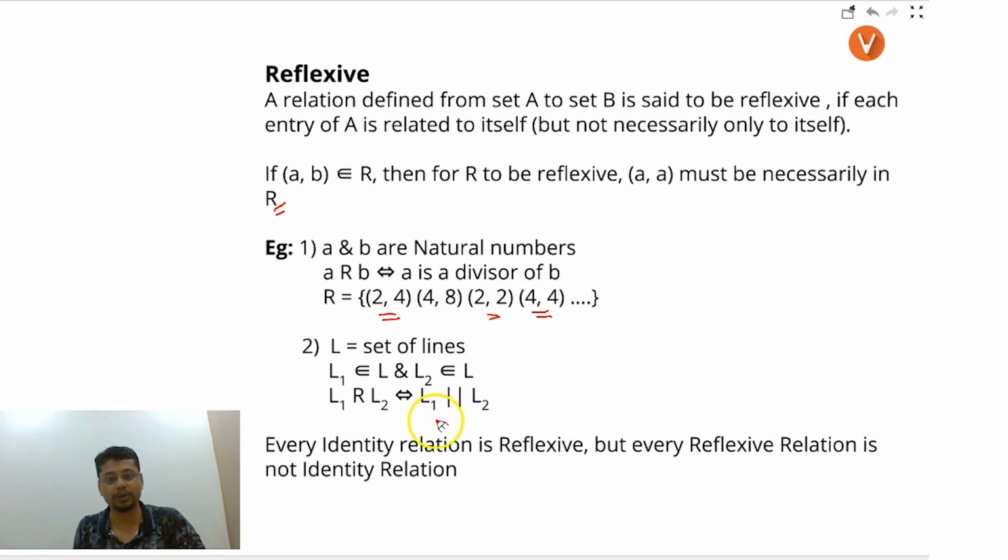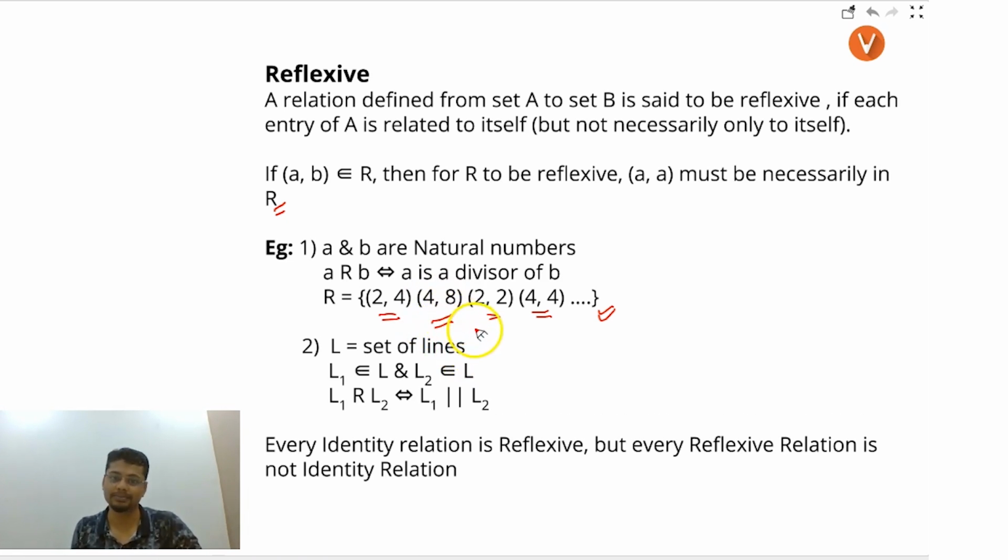Here is an important point that I am sharing with you. Every identity relation is reflexive. However, every reflexive relation is not an identity relation. Just see this. This is a reflexive relation because 2 is related to itself, 4 is also related to itself, and so on. However, what about the ordered pair (4, 8)?